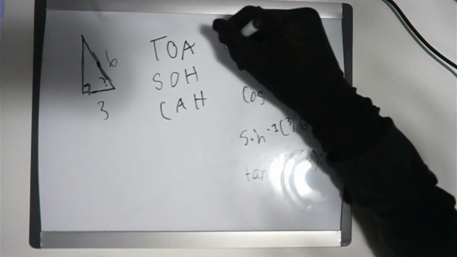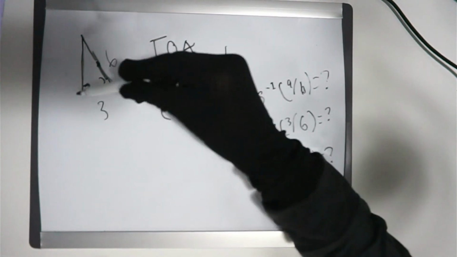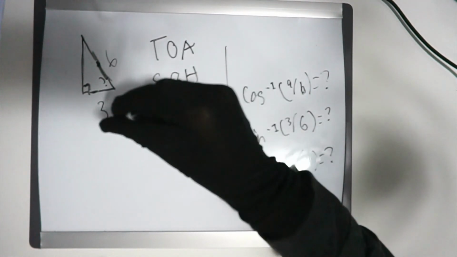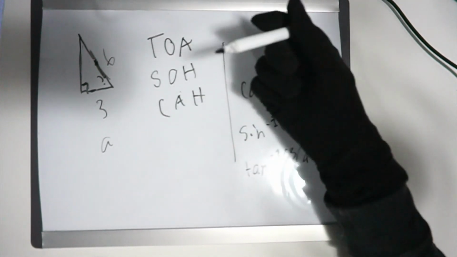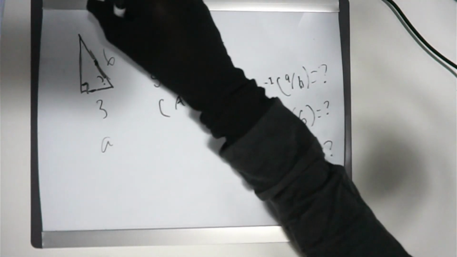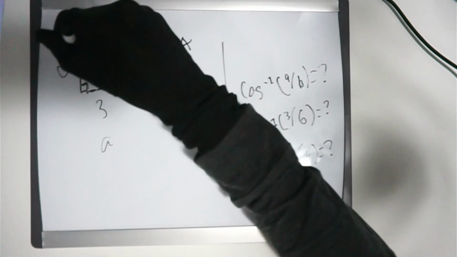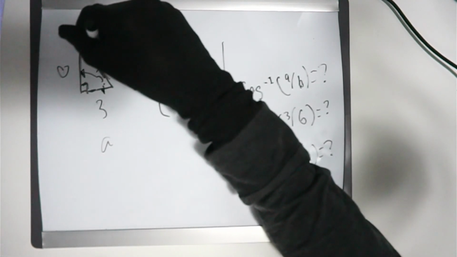So in this example, we're trying to find this, but instead of adjacent being up here, it's now over here. So we have adjacent and hypotenuse. If you want, you can always label them. So if you see a degree, you just label all 3. So this is opposite because it's opposite, adjacent because it's beside, and hypotenuse because it's the hypotenuse.